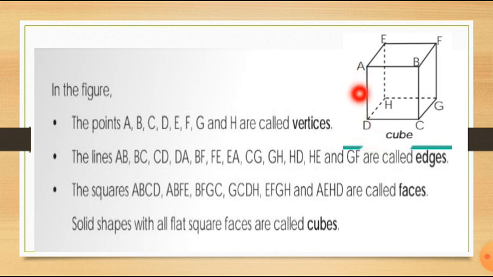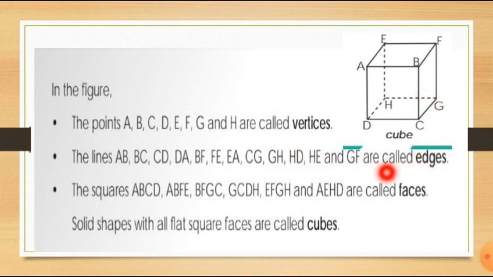Okay, AD is a side, then AB, BC, CD and AE, EF, FB, BC, CG, GF and EH, HD, HG. These all are the edges.